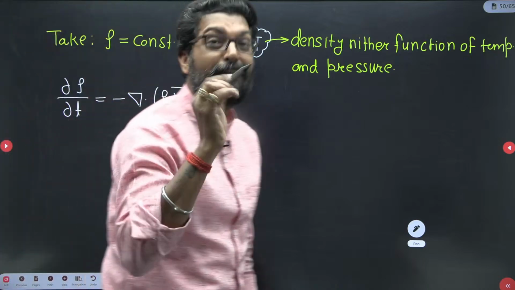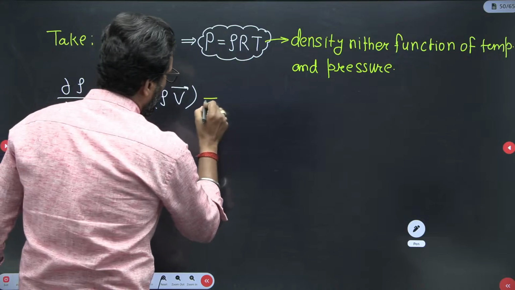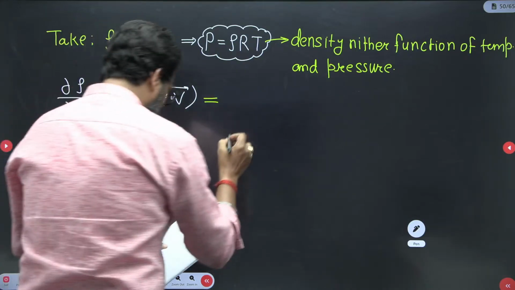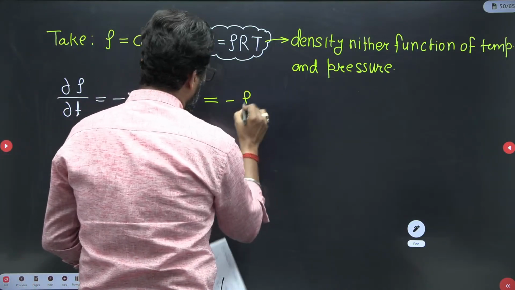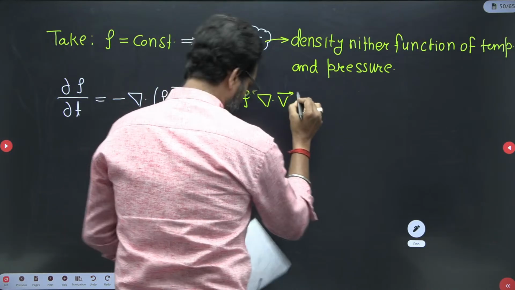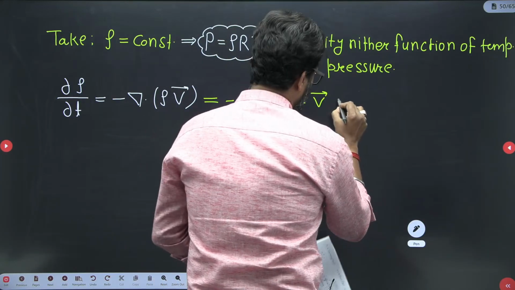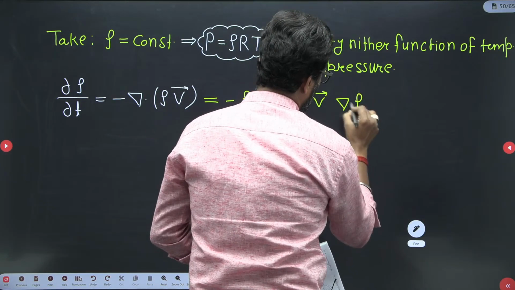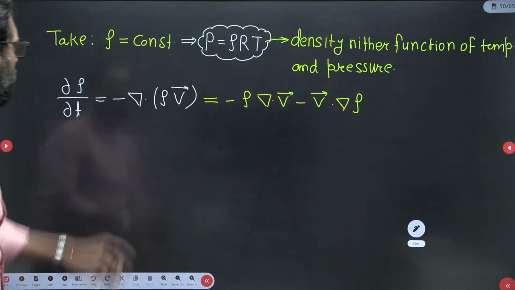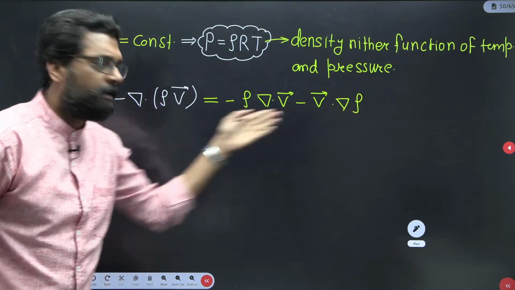Now see the consequence, very important. How to write this equation? In vector form we can write it like that: minus rho del dot V minus V dot del rho. If you split it, these are the expansions, these are the separations.